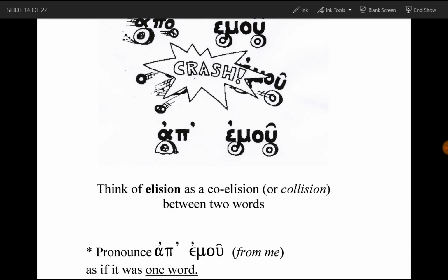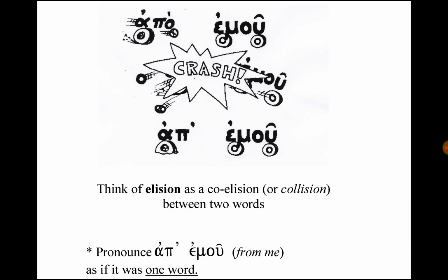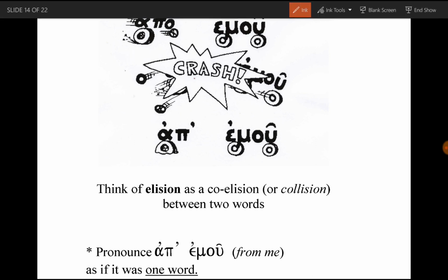So in this case, in the picture, we have apo, which is the Greek word from, and then we have the word emou, which is the Greek word for me. So together, this means from me.